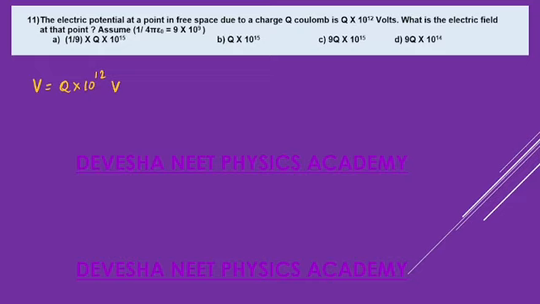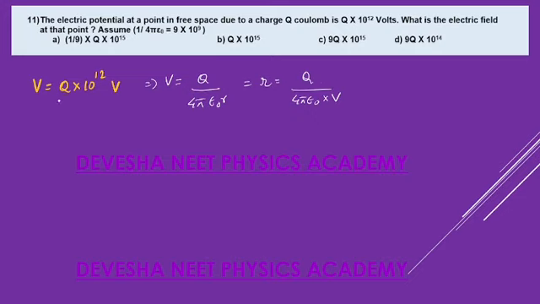So we know that v is equal to q by 4 pi epsilon 0 into r. We know this formula, right? So r is equal to q by 4 pi epsilon 0 into v.